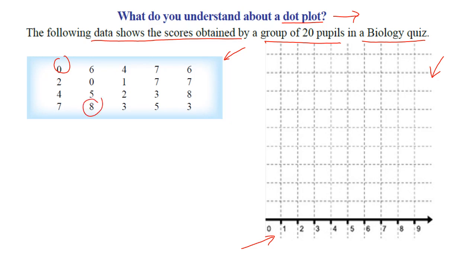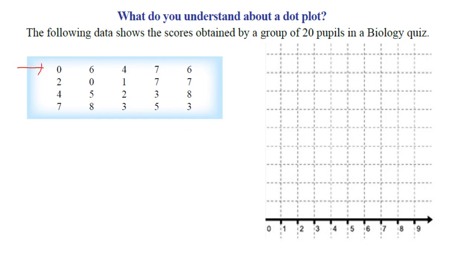So your scale will be from 0 to 8, in a uniform form. You start with 0, 1, 2, 3, and so on. And then you start plotting your dot according to the data, row by row.